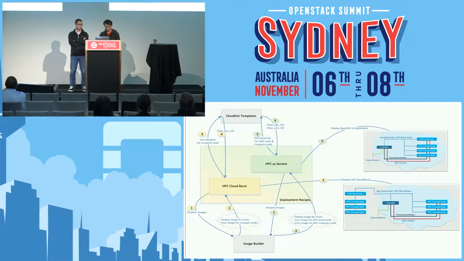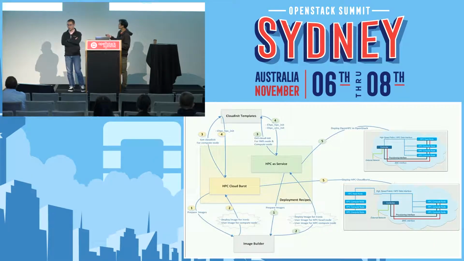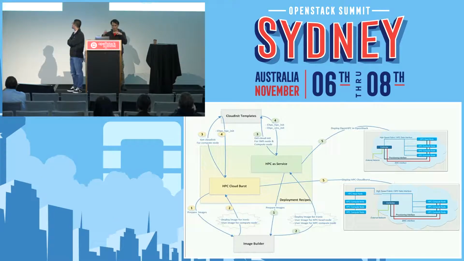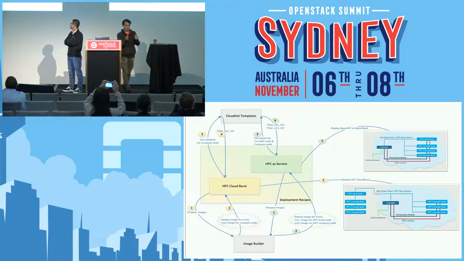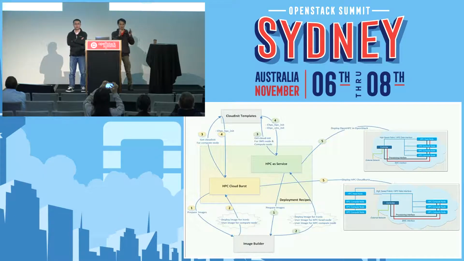So in general, the integration process consists of 3 phases. The first phase is about image building. We use the image builder to build the HPC images that are required for the head nodes and the compute nodes.